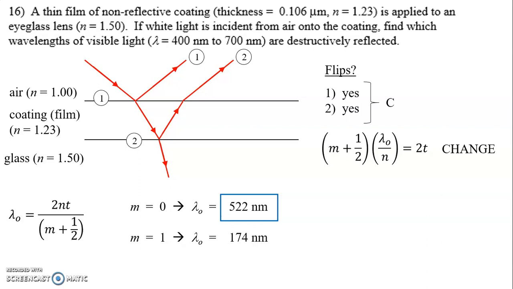Well, here's the deal, while the coating is 0.106 micrometers thick, it's very unlikely it's going to be a consistent 0.106 micrometers thick, and so there's going to be some natural variations in the thickness. And with these minor changes, it's going to cancel out other wavelengths that are also near 522. And so with all the different variations of the thicknesses, it's very likely it's going to cancel out a whole bunch of these wavelengths.